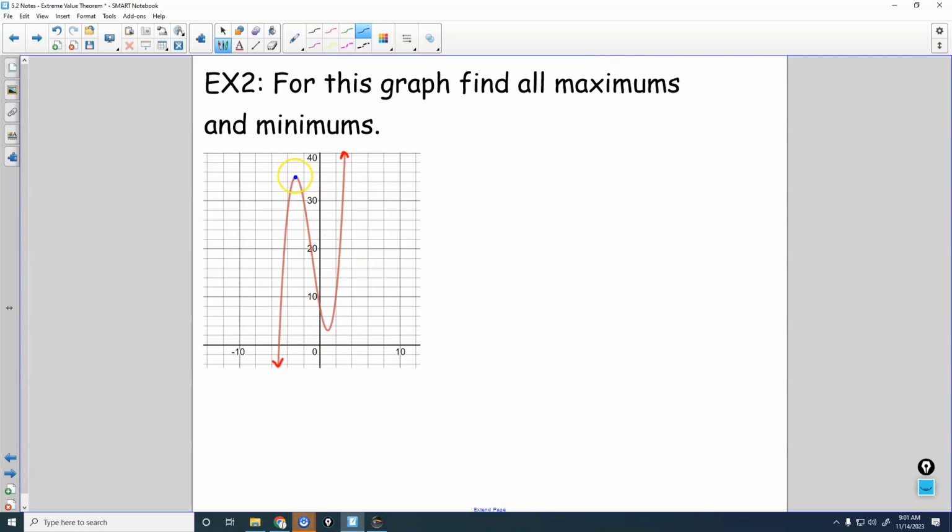Our relative maximum right here, looks like 35, and I'm just going to put which occurs at x equals -3.